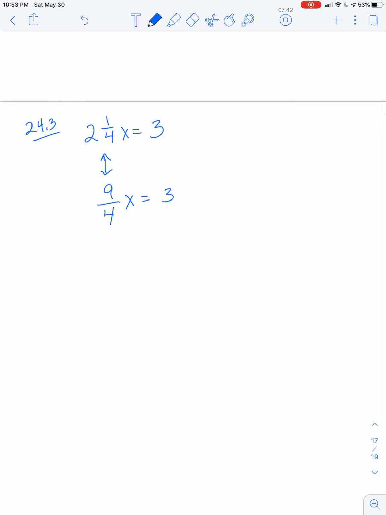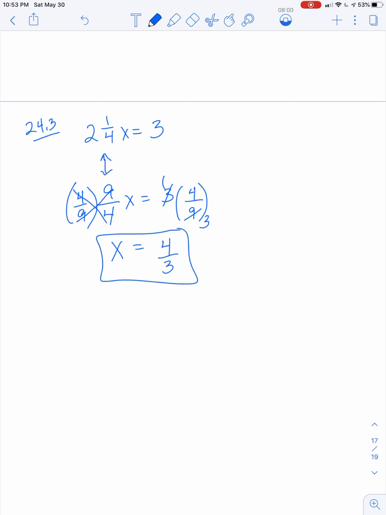So you would end up with 9/4 x equals 3. 9/4 times x. Let's use the reciprocal and multiply to isolate our variable. That gives us 1x. We can cross cancel here, and you're going to end up with 4/3 as your answer. You're not required to do both methods unless the lesson is asking you to do it. So on 24.3, I felt like that was the easiest way to do it.